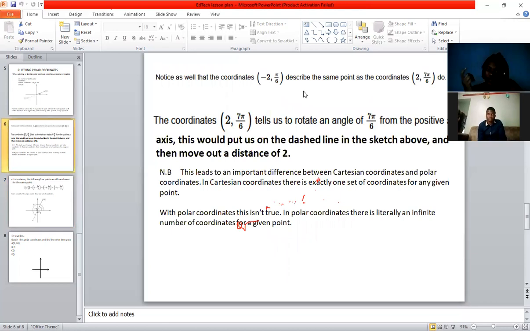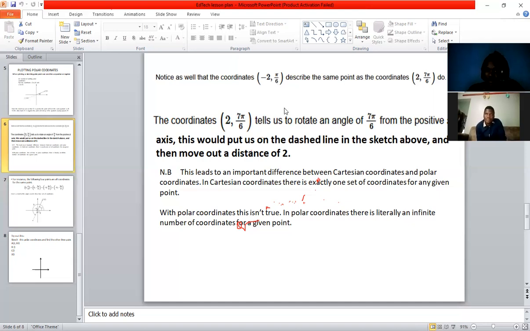What is 7 pi out of 6? It is 210. Do you know that it is the same point as this negative? Yes, I know.